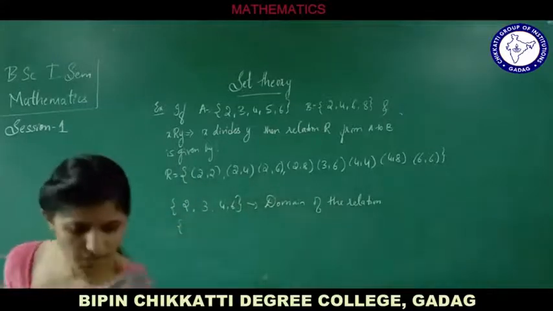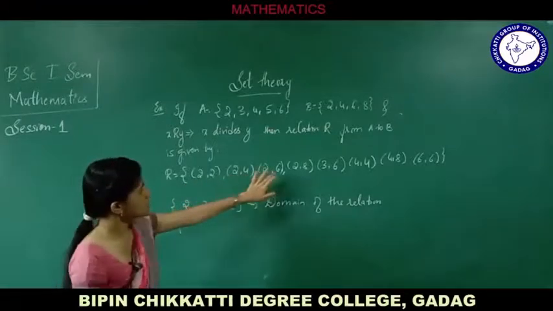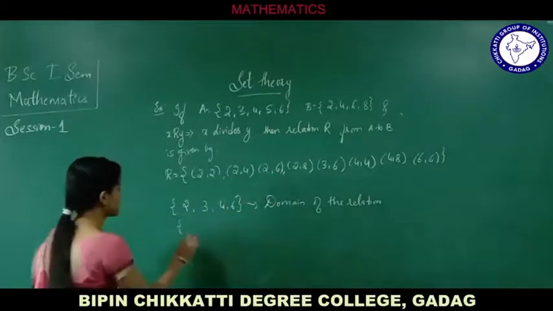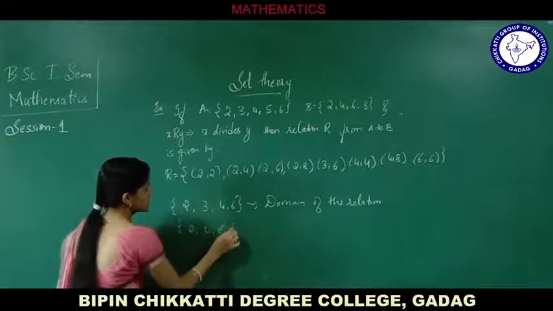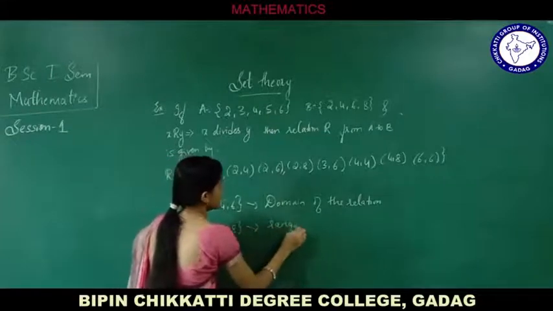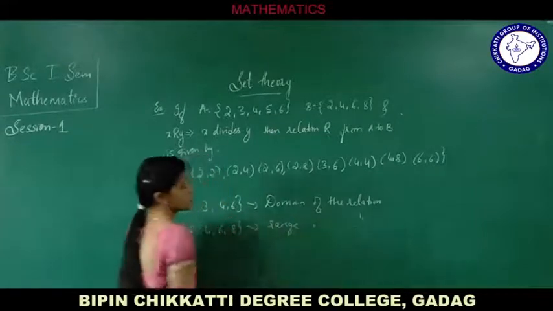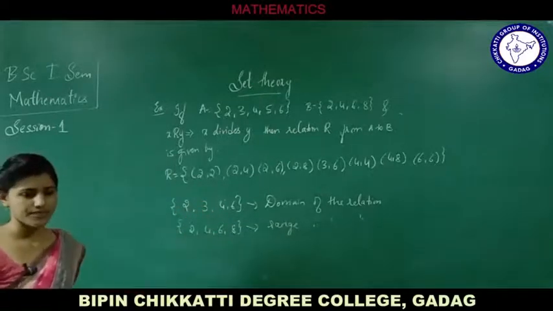It is going to be 2, 4, 6 and 8. It is the range of the relation. We have dropped the elements which have repeated.